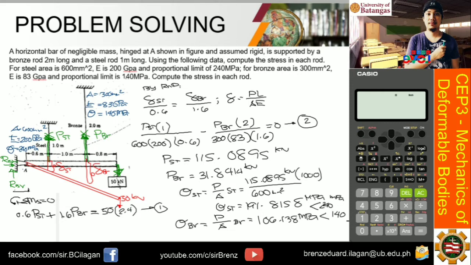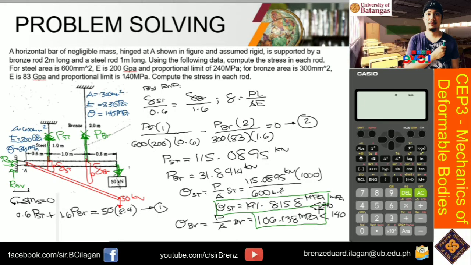Okay guys, so ayan. So our final answers here are: for steel, 191.8158 megapascal, and for our bronze, that would be 106.138 megapascal.